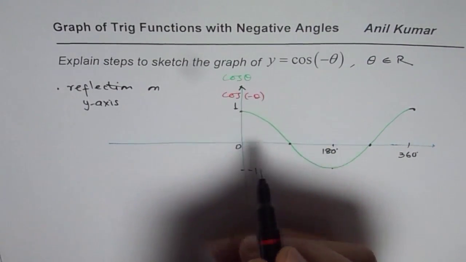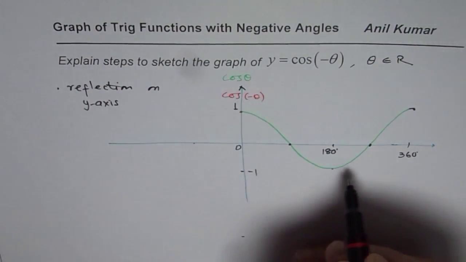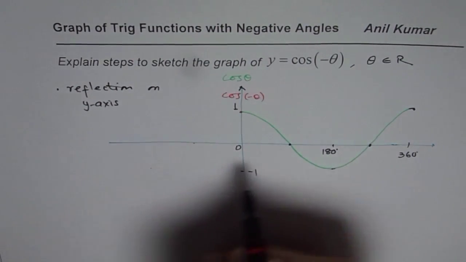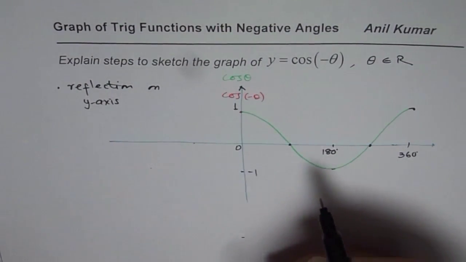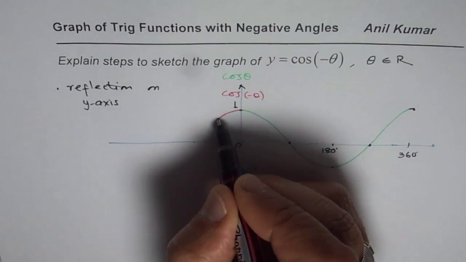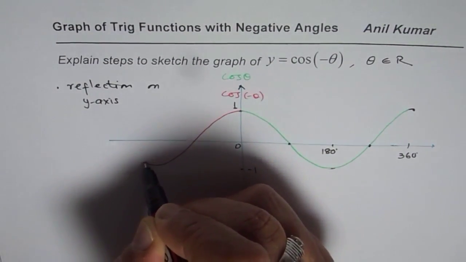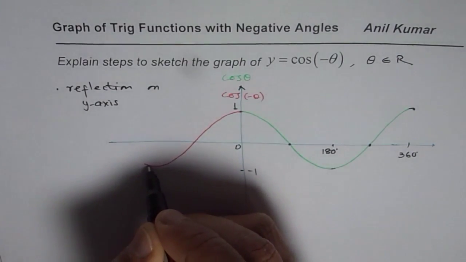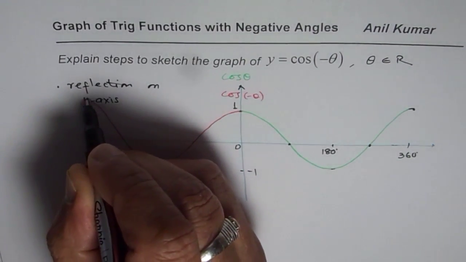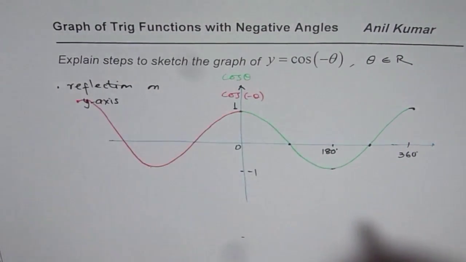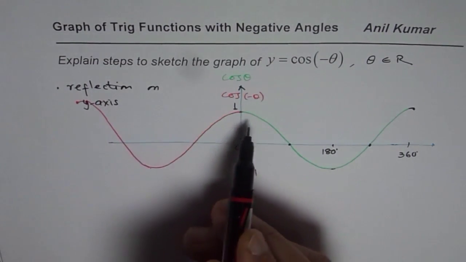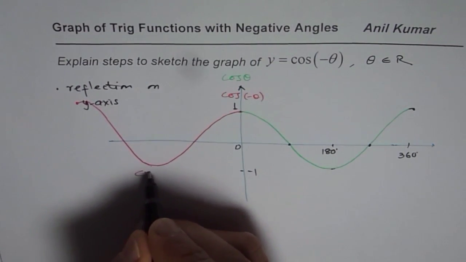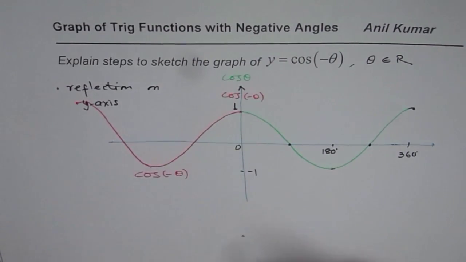That means this point remains here, that point is reflected, you get there, this point -1, and then maximum somewhere there. So we get this part of the graph, which I'm saying is cos of minus theta.